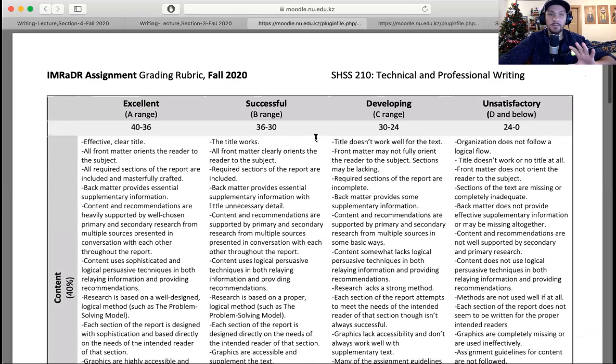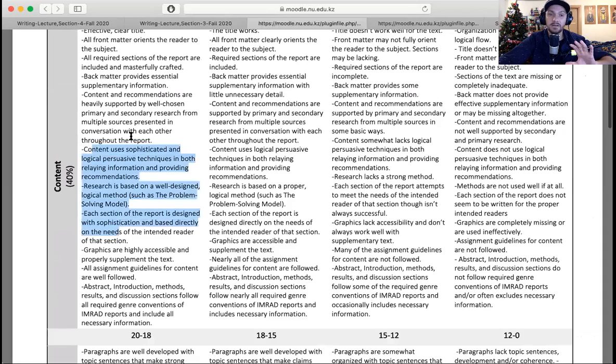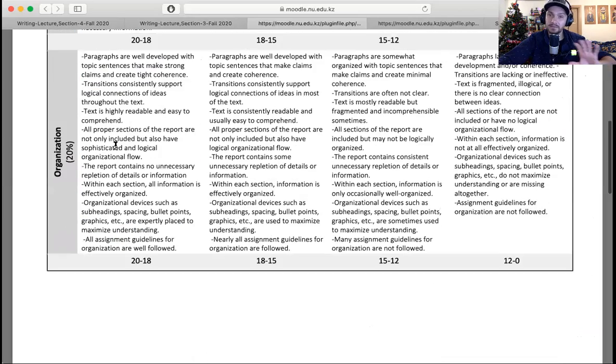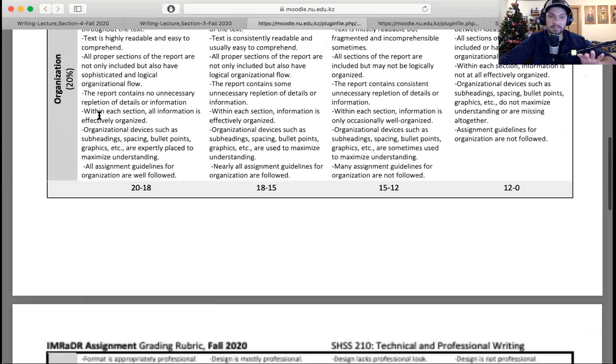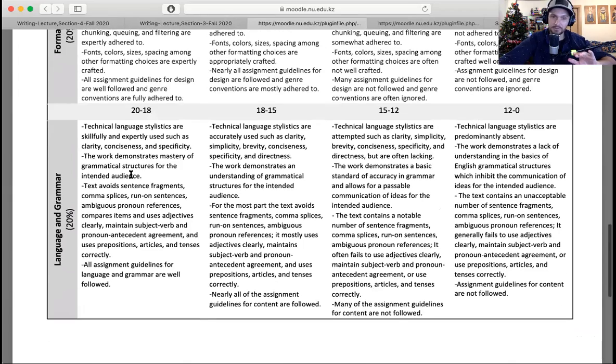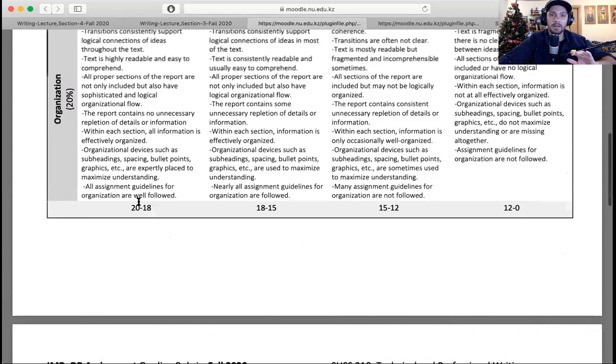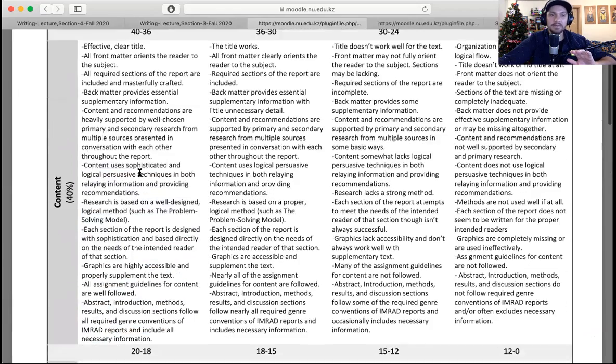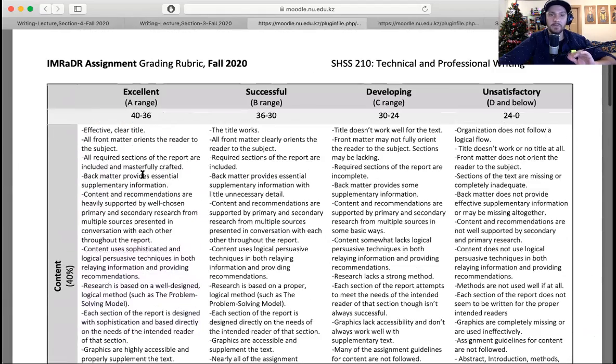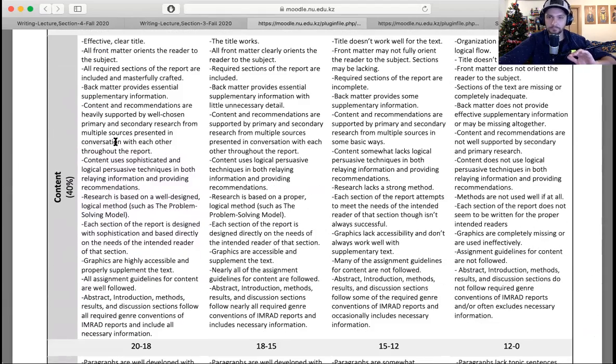So the way it's broken up is 40% content, and then the other sections are all 20% each: organization, formatting, language, and grammar, okay? I highly recommend scanning through this, but essentially for content, we're looking at everything from the title to the front matter to the back matter to each section of the report, and then making sure you're following the conventions of each section.